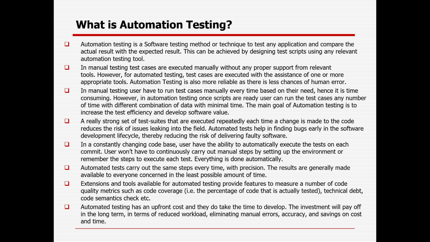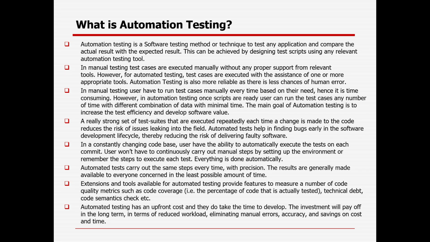A strong set of test suites that are executed repeatedly each time a change is made to the code reduces the risk of issues leaking into production. Automated tests help in finding bugs early in the software development lifecycle. Thereby, it will reduce the risk of delivering faulty software into production or the real-time environment.